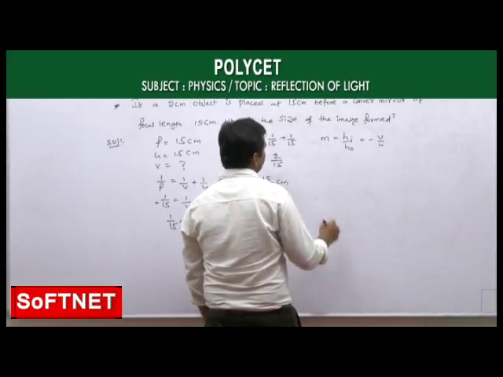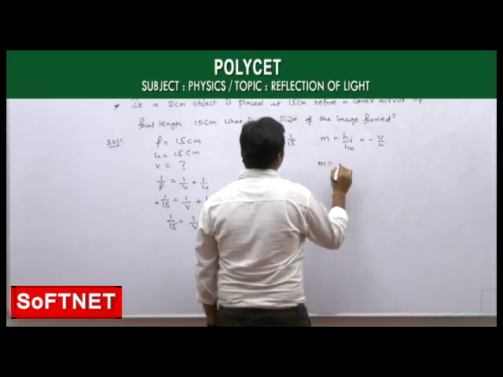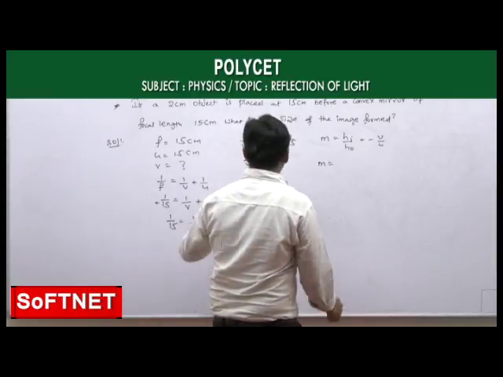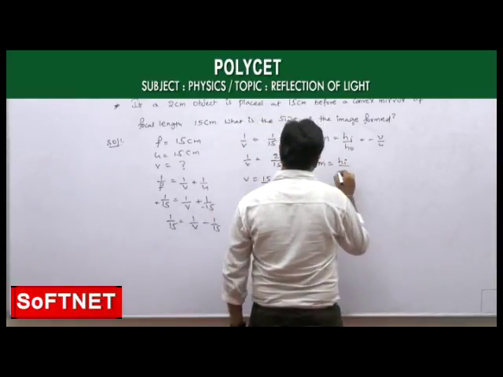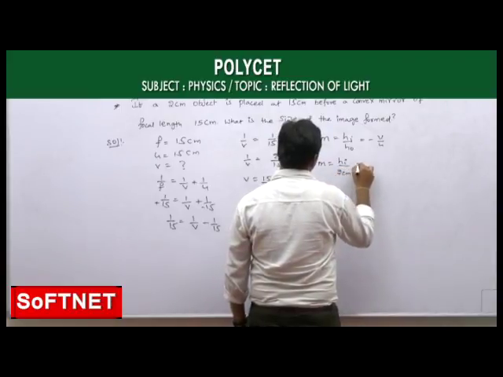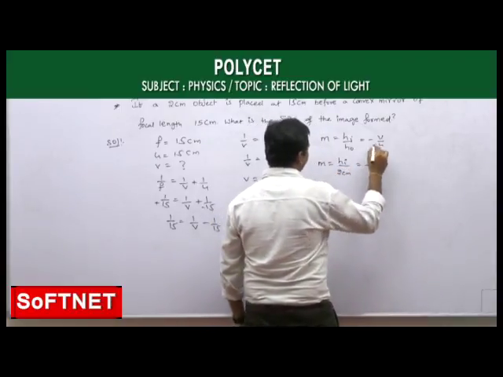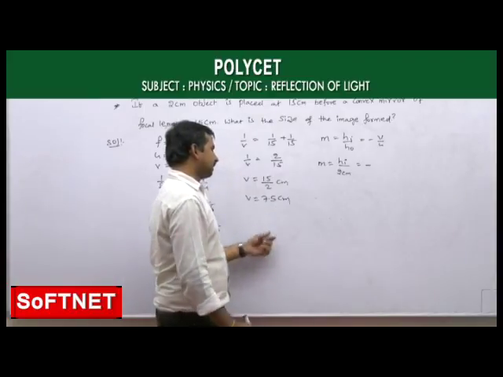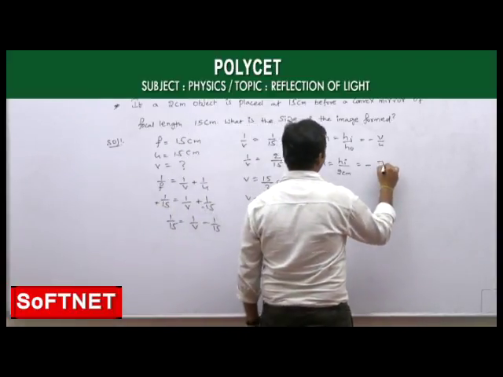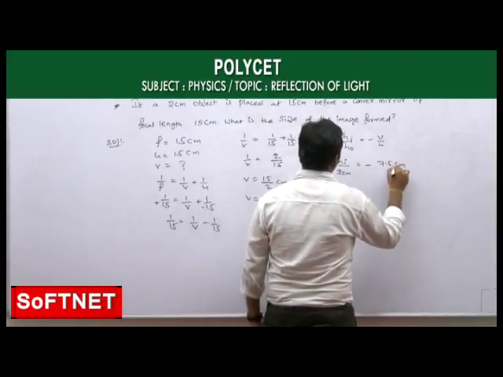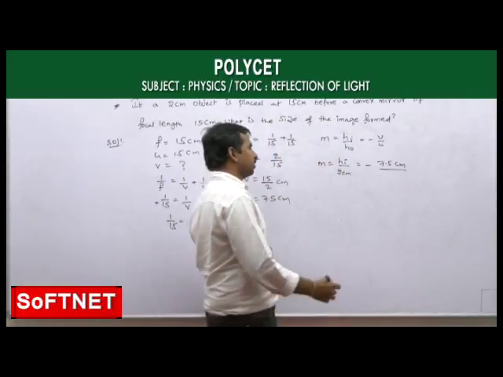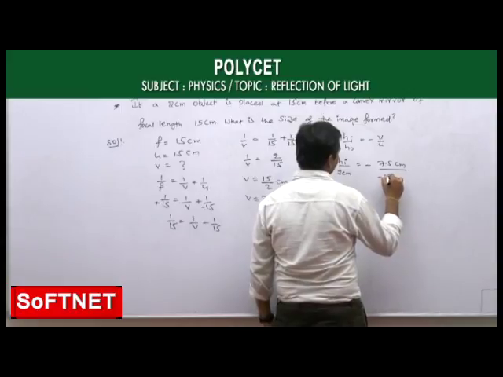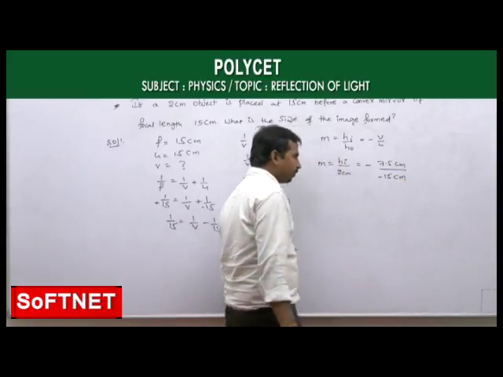Then m is equal to height of the image, which we don't know and have to find, by height of object, which is already given as 2 centimeters, is equal to minus of image distance we got, 7.5 centimeters, by object distance, which is given as 15 centimeters there. Then if you apply sign convention, it becomes minus 15.